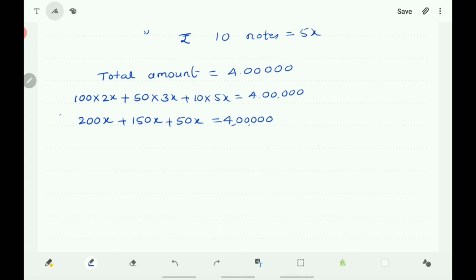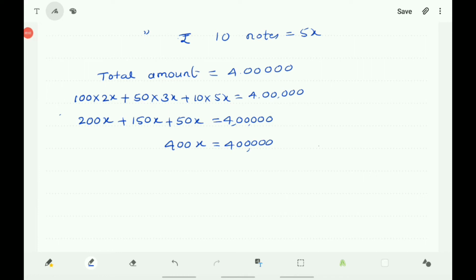So it is 200 plus 150 plus 50 is 400 here. 200 plus 150 is 350 plus 50 is 400. So it becomes 400x is equals to 4 lakh. Now here 400 must be cancelled. It must become 1x. So to cancel 400, you must divide it by 400. Therefore, you divide both LHS and RHS by 400.